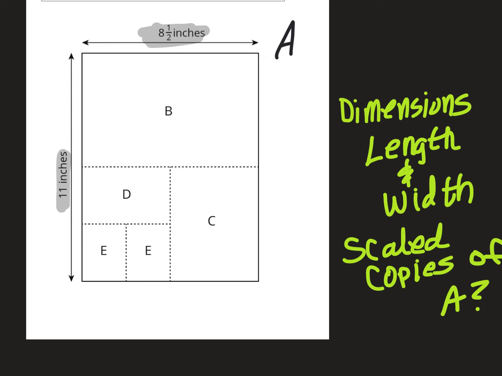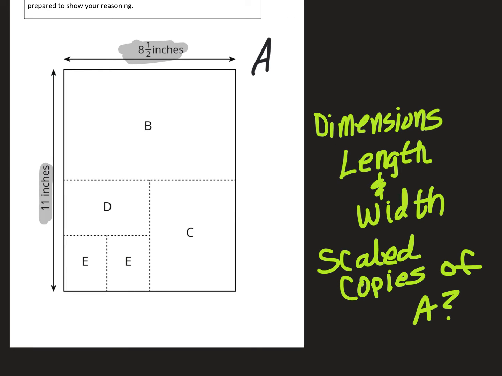So your two questions are the length and the width of each of those rectangles after we cut the original piece of paper. And then what are the scaled copies, if any, of rectangle A, which is the big original piece of paper. Okay, so I'm going to record this part.